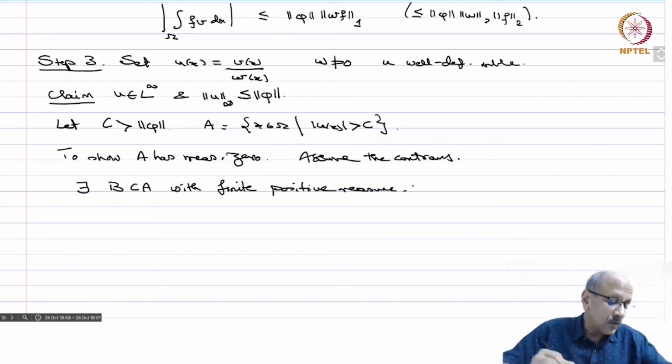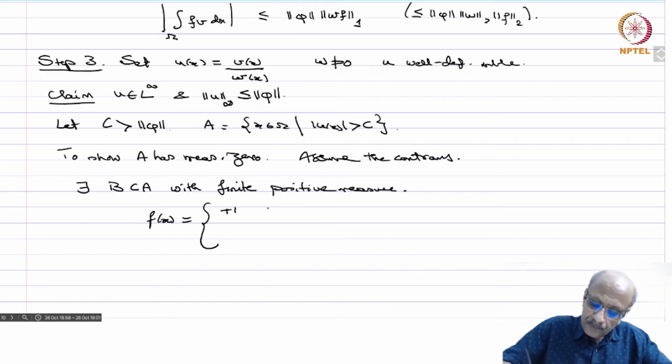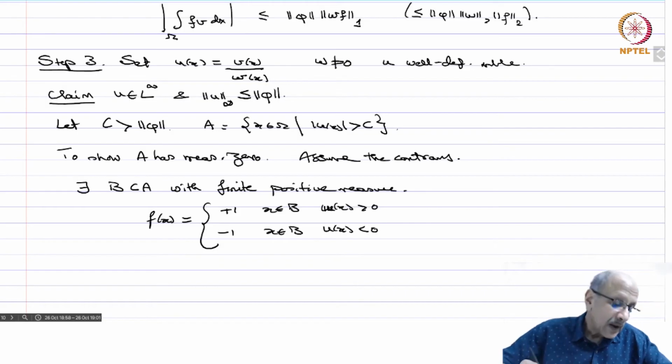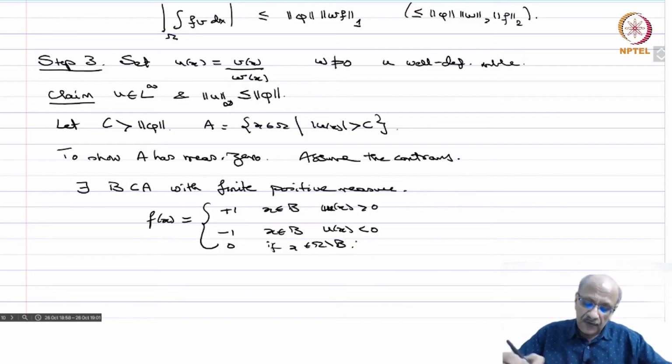So now you consider f of x to be equal to plus 1 if x belongs to B and u(x) is positive, and minus 1 if x belongs to B and u(x) is negative, and you have 0 if x belongs to omega minus B. Okay, so f is a bounded function.